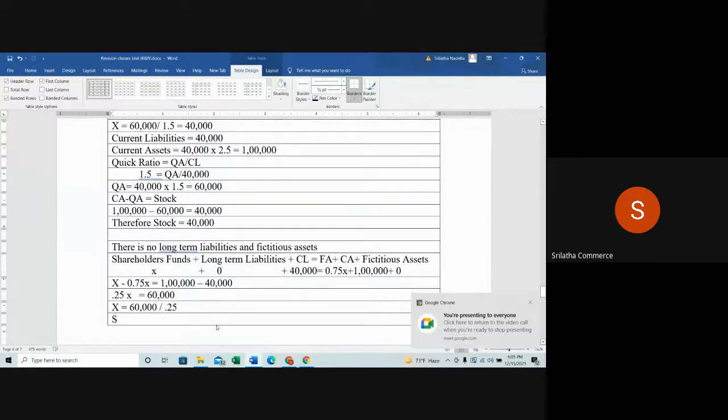Shareholders' funds is equal to 2,40,000. Then what will be your fixed assets?